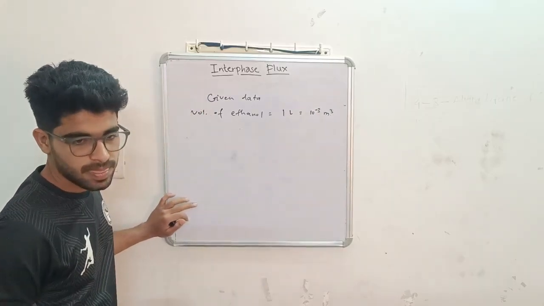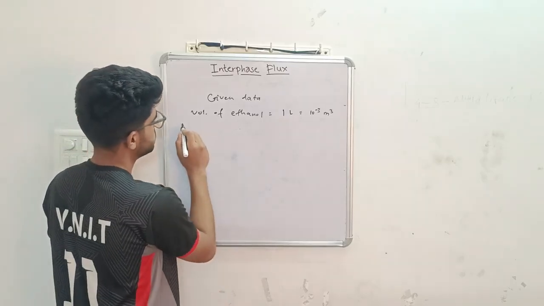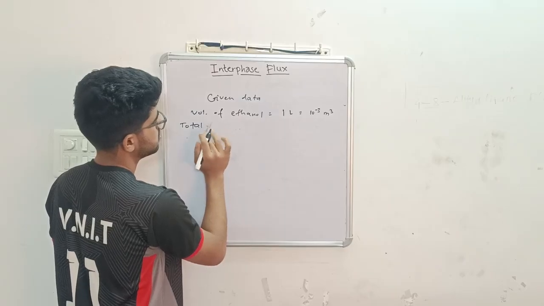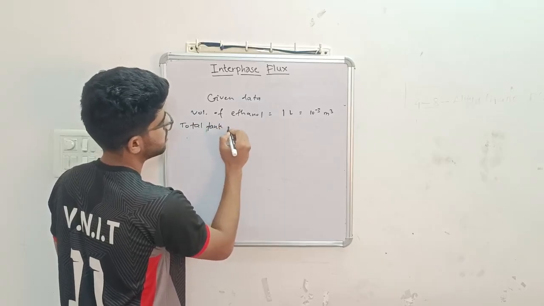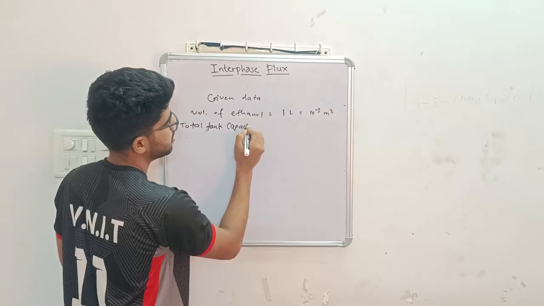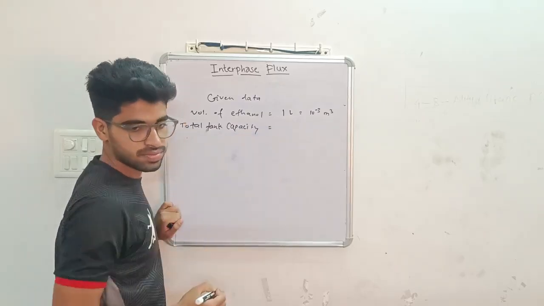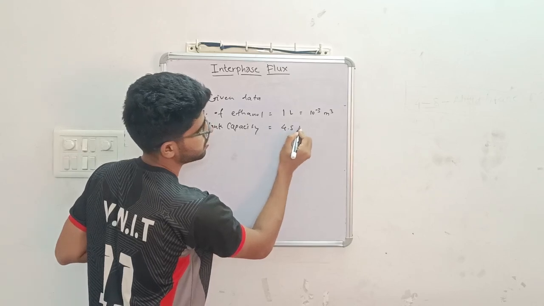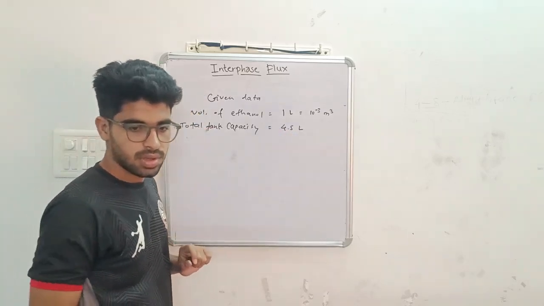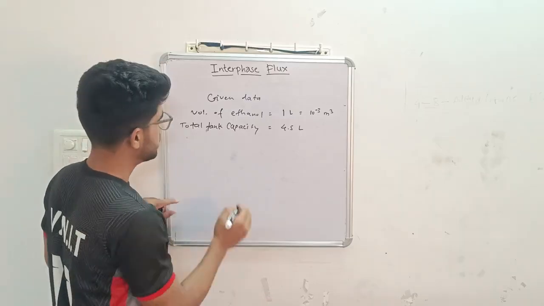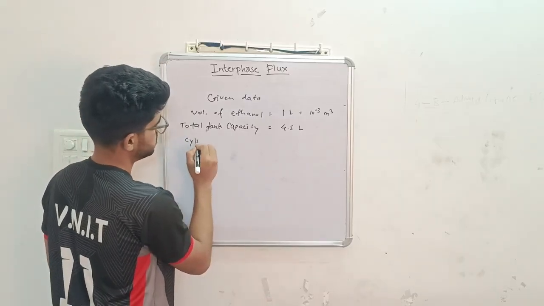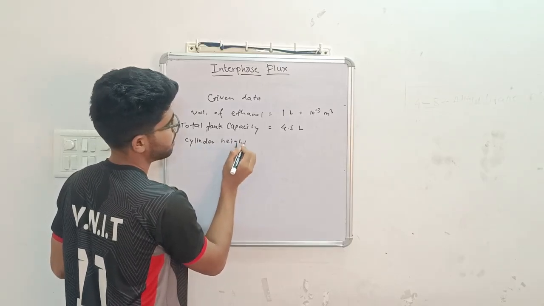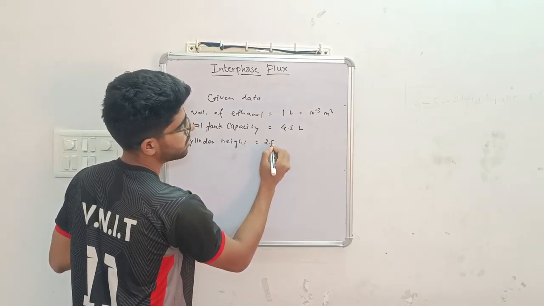Next one is total tank capacity, which is equal to 4.5 liter, and the cylinder height is 2.5 meters.